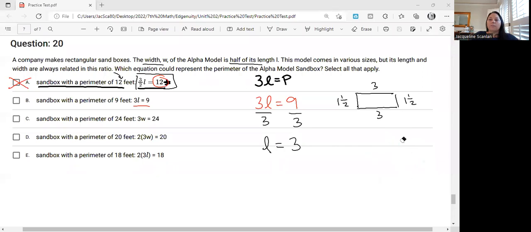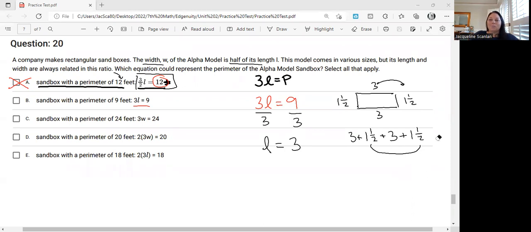Okay, so now if I add those all together, I get 3 plus 1 and 1/2. I started in a different place this time. I started here and I'm going to go this way. Plus 3 more plus 1.5. Okay, so I'm going to put these 1.5s together. We just undid the 3, right? We took 3 and I cut it in half and I said it was 1.5. So 1.5 plus 1.5 has got to be 3.